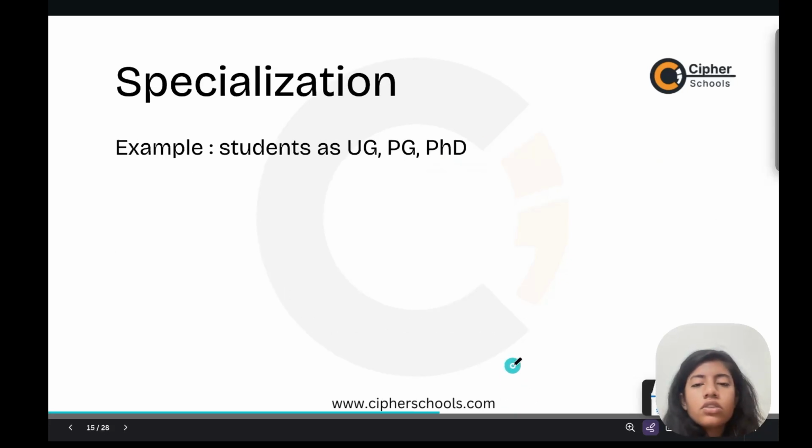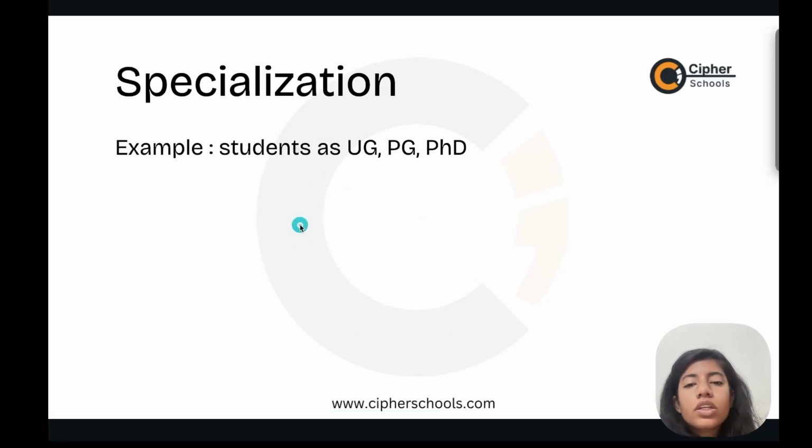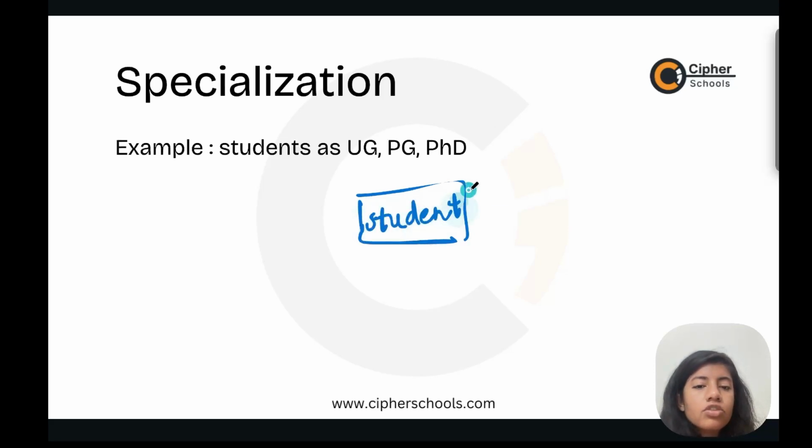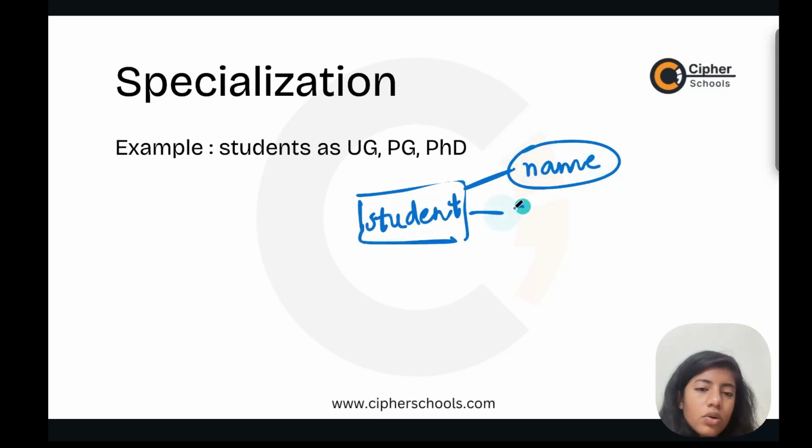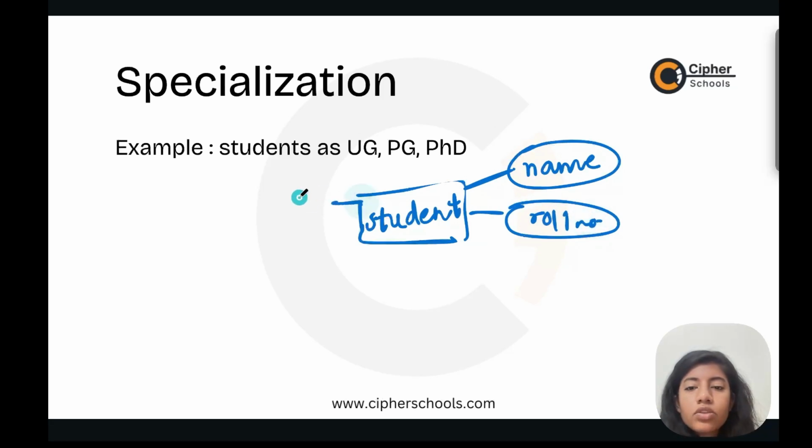So let us begin with, we have discussed this before, a student can be a UG student, can be a PhD student, and can be a postgraduate, right? So what we can do is, we can have student as a general entity. For student, we can have a student name, roll number, and ID, because all of them have these things in common.